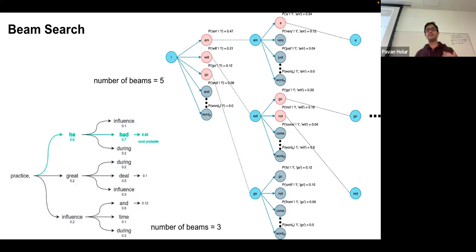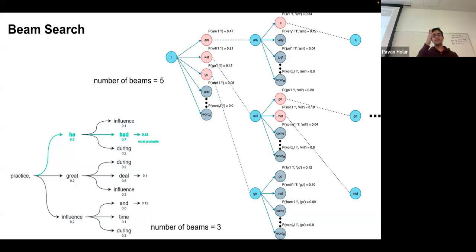In this example, we are saying, here is my input context, and I'm trying to generate the next token. And these probabilities that you're seeing here are the most likely tokens to follow this prompt that has ended with practice, right? And so in this case, we're showing you 2 steps of a beam.